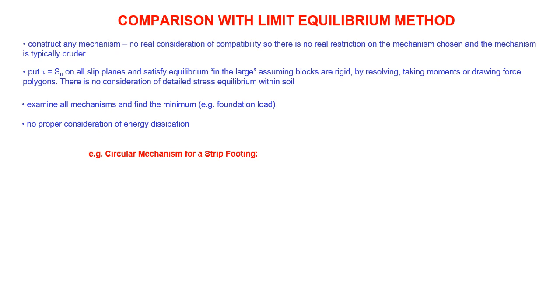So for a strip footing, we might have a circular mechanism, just like an upper bound, but it would work like this for limit equilibrium. There's a force on the foundation F, B is the breadth of the foundation, O is the center of the circular failure mechanism.